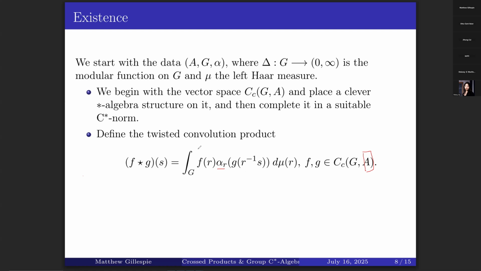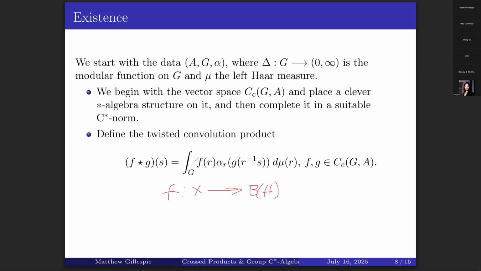Again, if you're uncomfortable with this, you can take G to be a discrete group and mu to be counting measure, and you can replace this integral by just a sum. Then all you're doing is adding up a bunch of products of things inside of a C-star algebra. However, if you want a further explanation of what vector valued integration is, it's very similar to how you define integrals of functions from a locally compact Hausdorff space into bounded operators on Hilbert space.